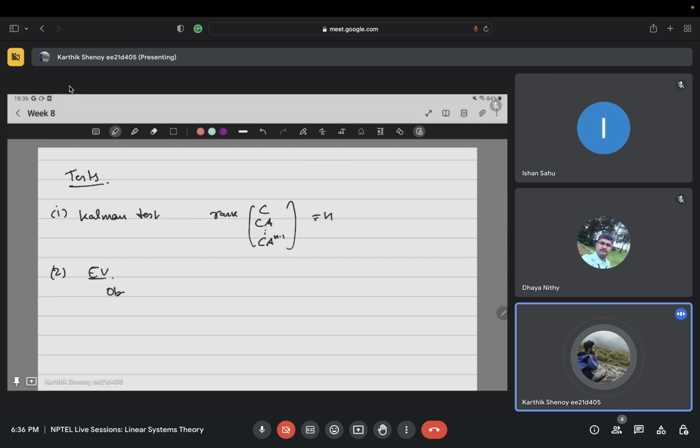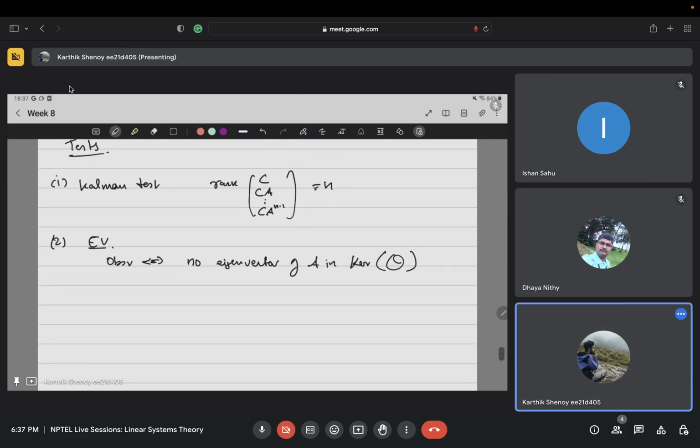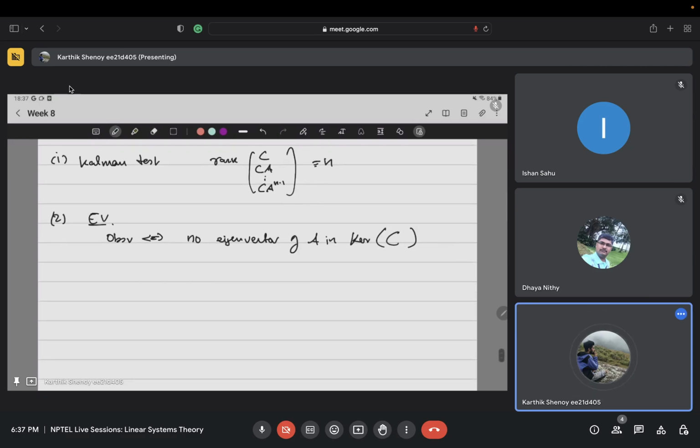So observability means you have no eigenvectors of A in the kernel of C. Okay, so why is that?